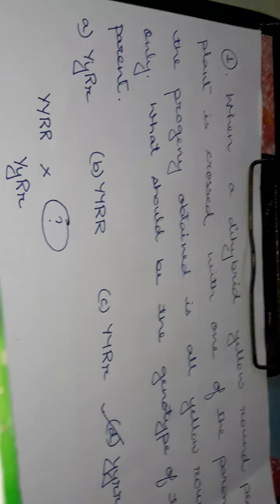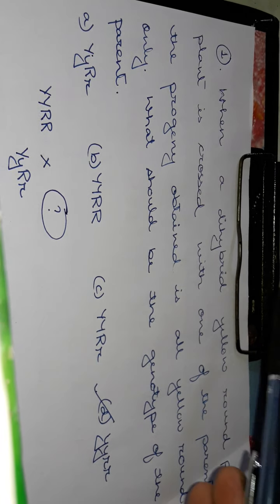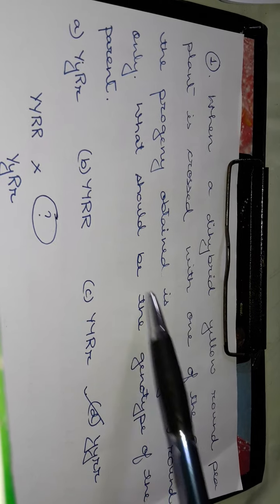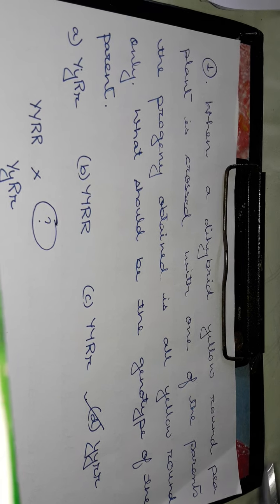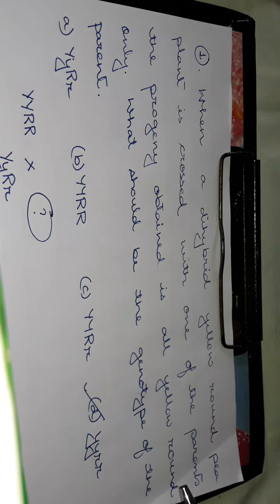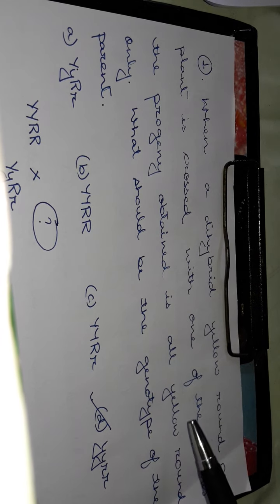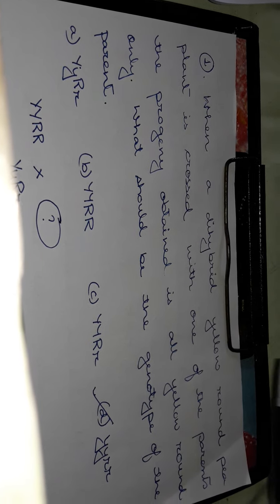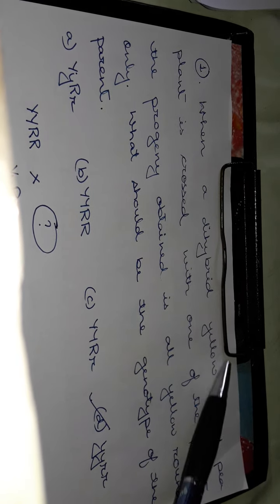Again you see here, when a dihybrid yellow round pea plant is crossed with one of the parents, the progeny obtained is all yellow round only. What should be the genotype of the parent? Okay, so here beforehand very patiently study what is there: dihybrid yellow round.